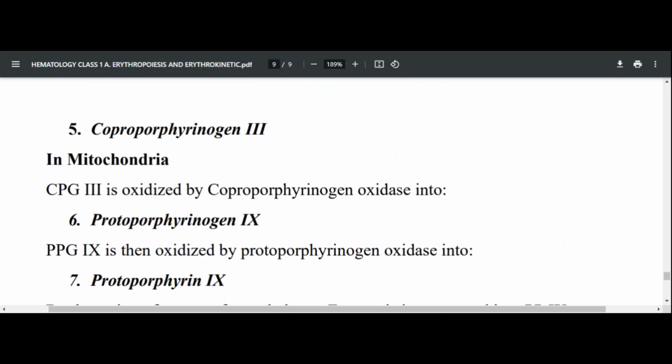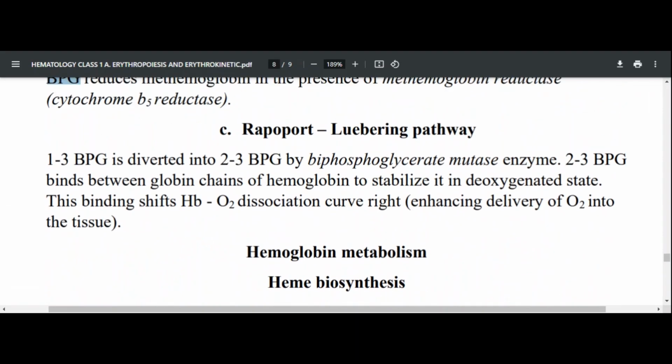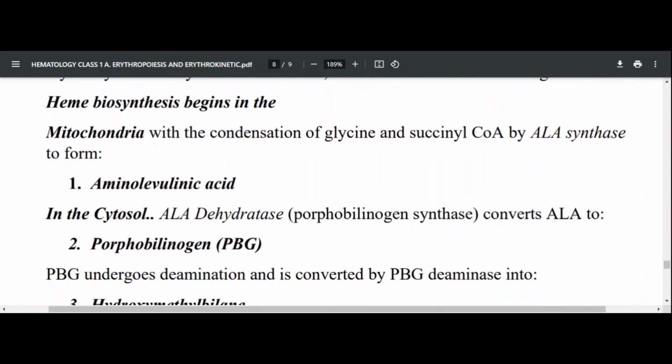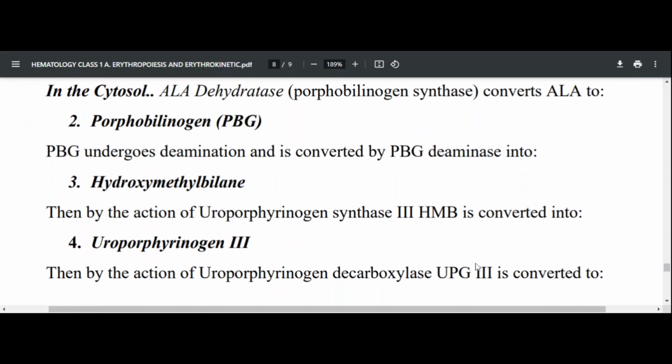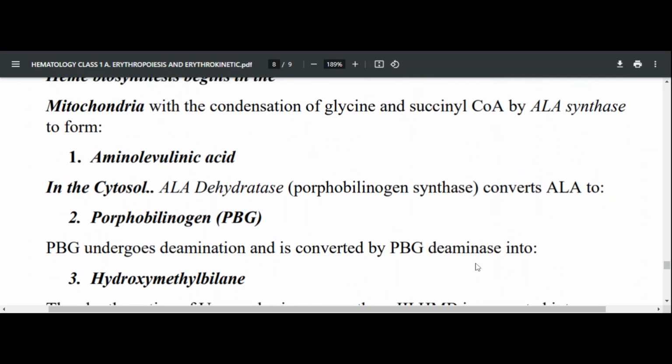Sometimes they bring questions where they ask you for the correct sequence of these molecules. Maybe they will mix up everything and ask you to show the correct sequence. So let me show you how I memorize them.